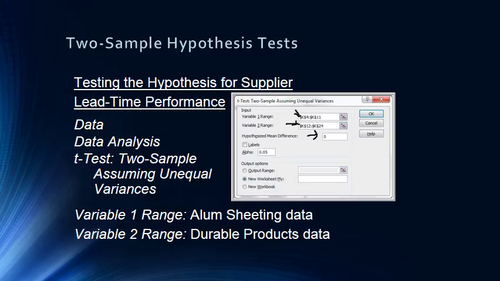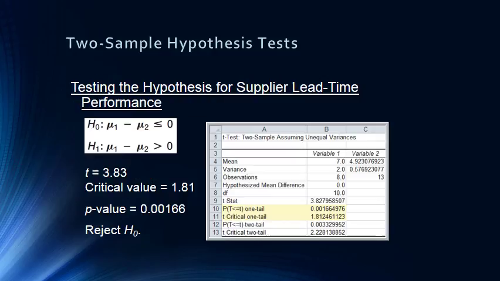So in the case of variable 1, the range will be the alum sheeting data, and variable 2, the durable products data. Once we have filled all the fields, we click OK to run. Then we get the results.